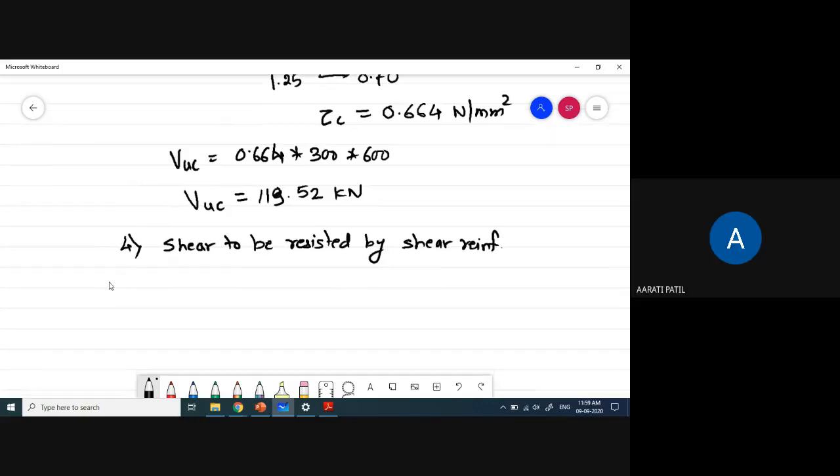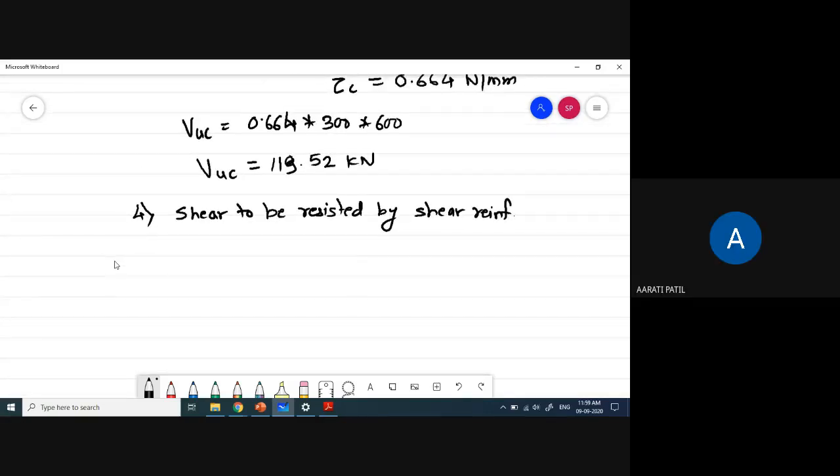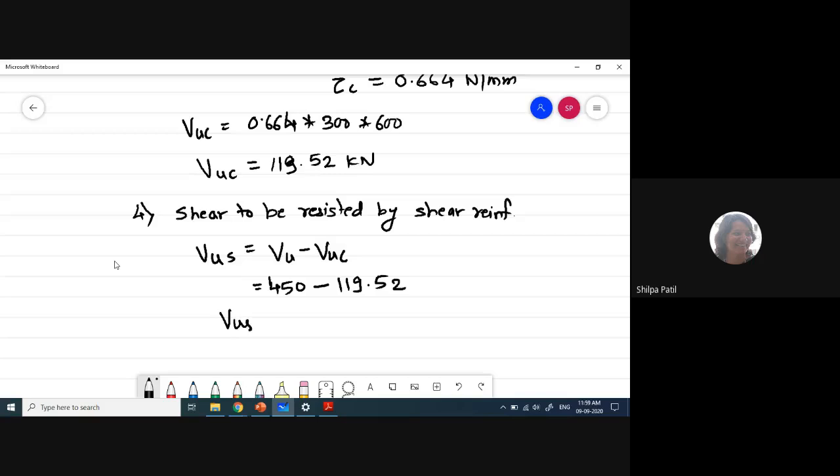Vus is equal to Vu minus Vuc. So Vu we have the value of 450 kilonewton minus Vuc, just now we have calculated, it is 119.52. So tell me the Vus value. 330.48. Correct.